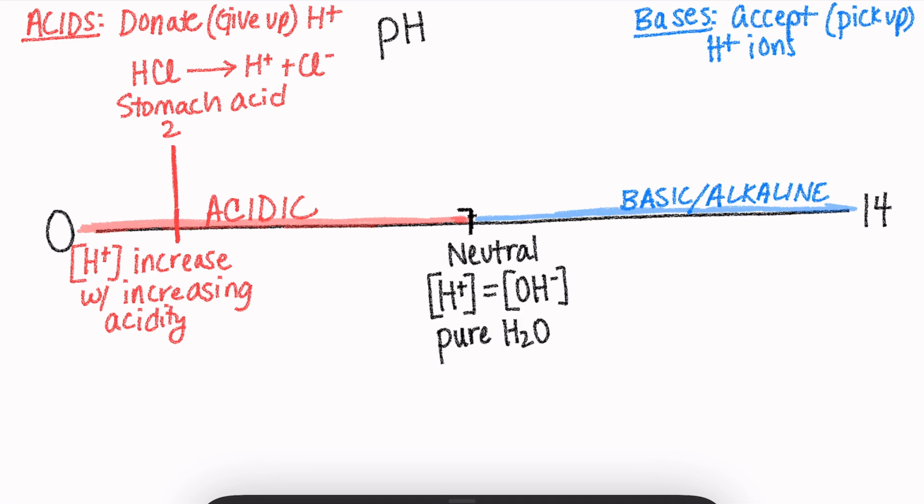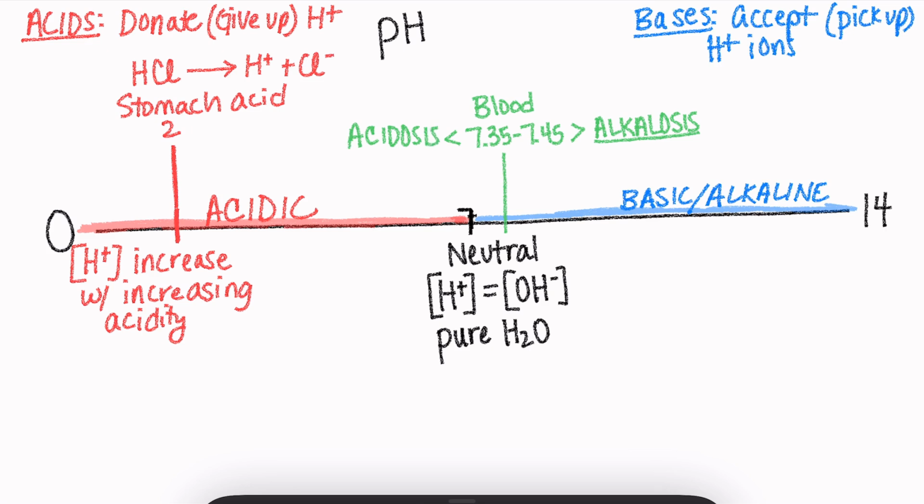Speaking of blood, the pH of blood is very tightly controlled in your body between 7.35 and 7.45. So it's a tiny bit basic. If blood is higher than this, the patient is considered to be experiencing alkalosis. And if the blood pH is anything less than this, we say that the patient is experiencing acidosis.